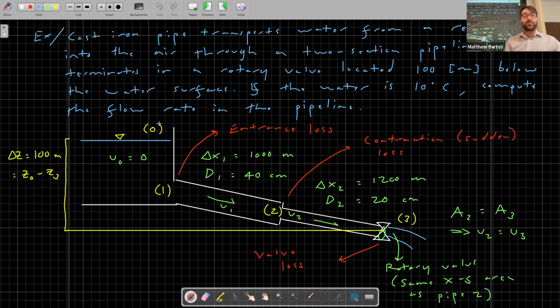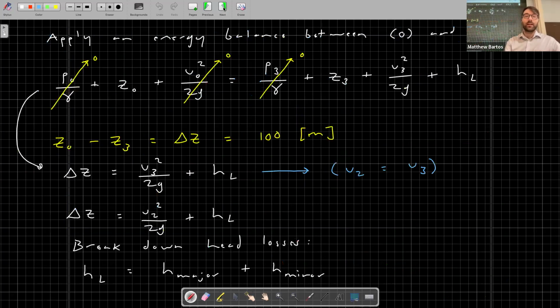So we applied the energy equation between the reservoir and the rotary valve, so between the reservoir and the outlet. And we were able to simplify our energy equation into the following form. So this right here is our energy equation.